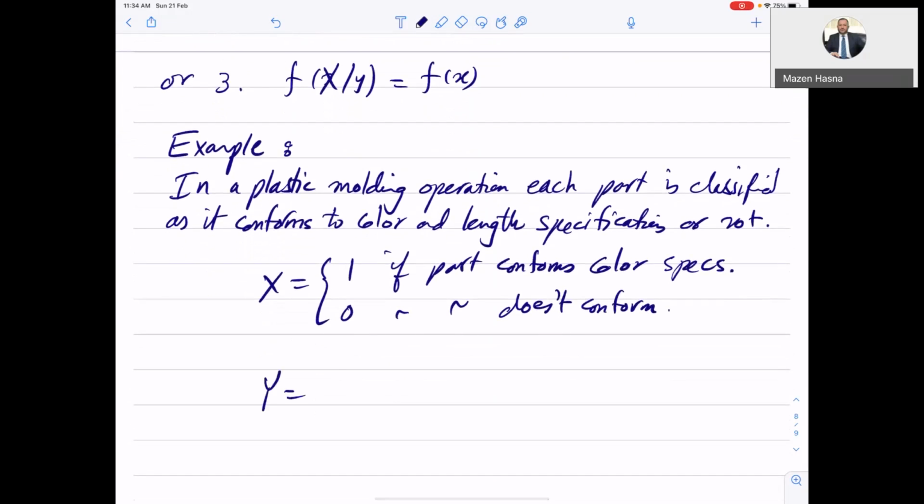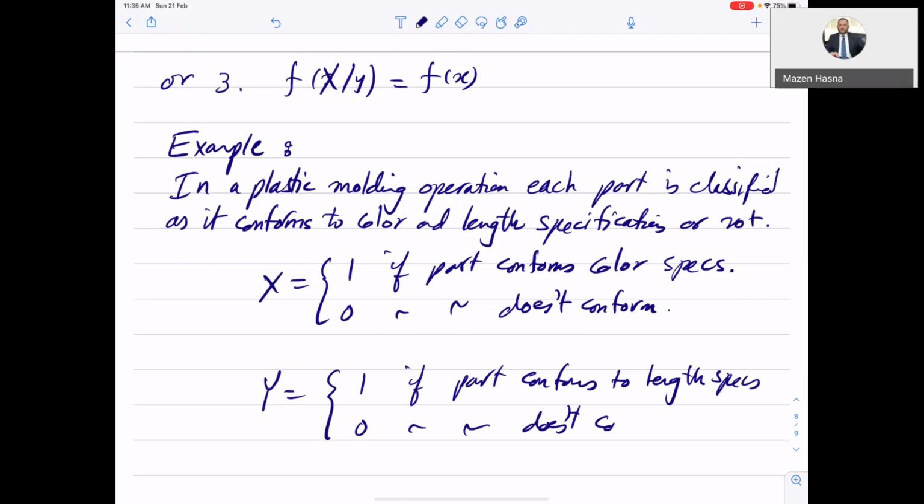And we define y as 1 if the part conforms to length specs, and 0 if the part does not conform.